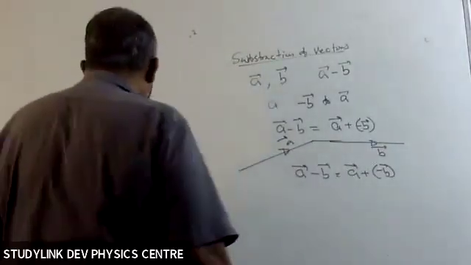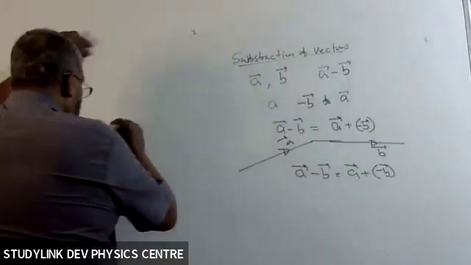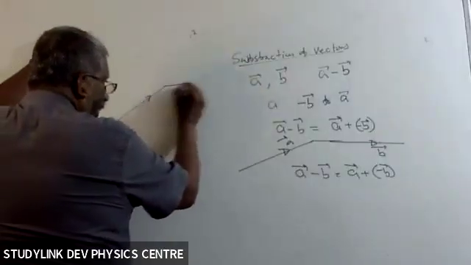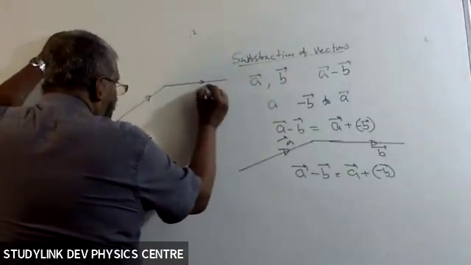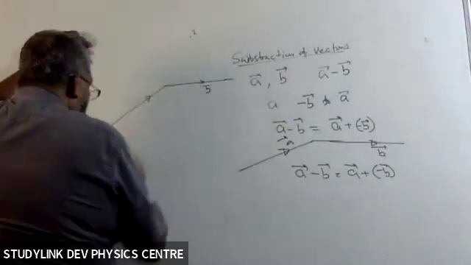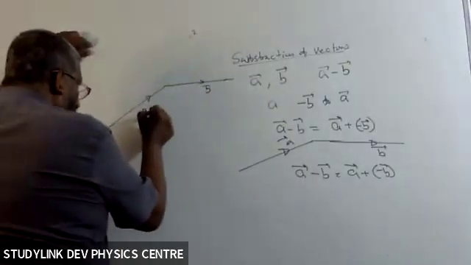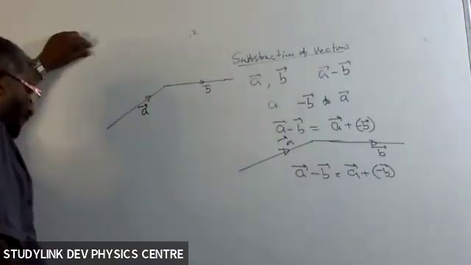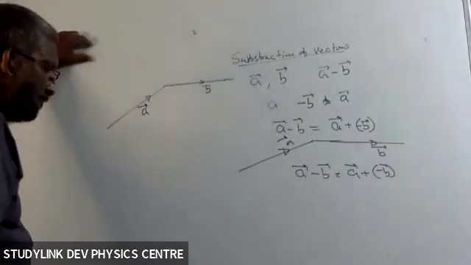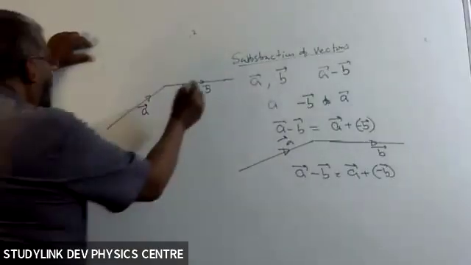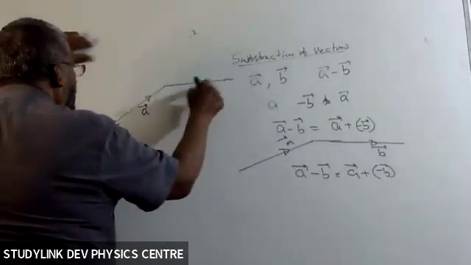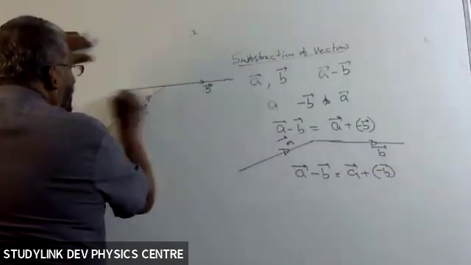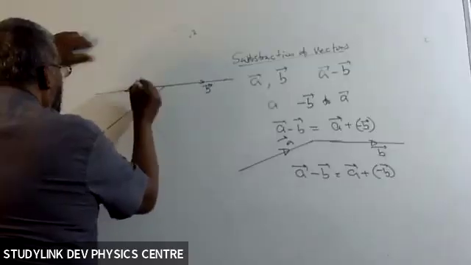Now A is here, and B is here. Now we have to add A to minus B. Minus B is the opposite direction of B. That means this is minus B.